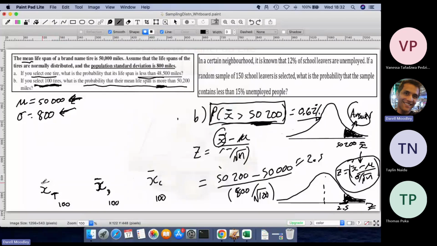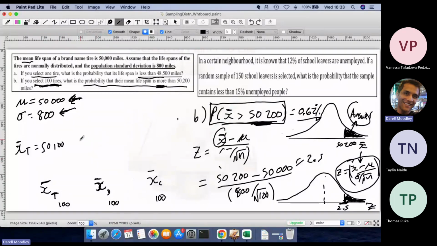Okay, so the thing is, Talon may draw 100 tires. He's got 100 different tires, and let's say the average for Talon's tires, if you actually had to measure it, if you had to take every single tire in Talon's sample, 100 tires, you add them up and divide by 100, you would get an average. So you would get an average of, let's say, 50,100.